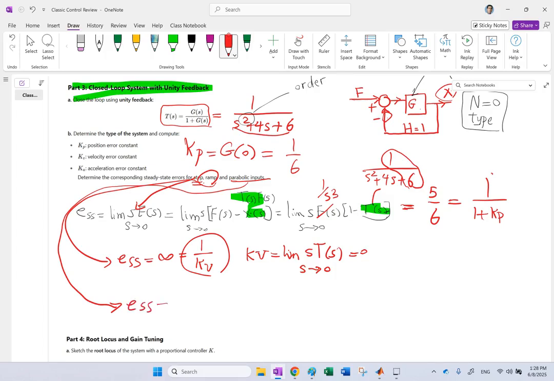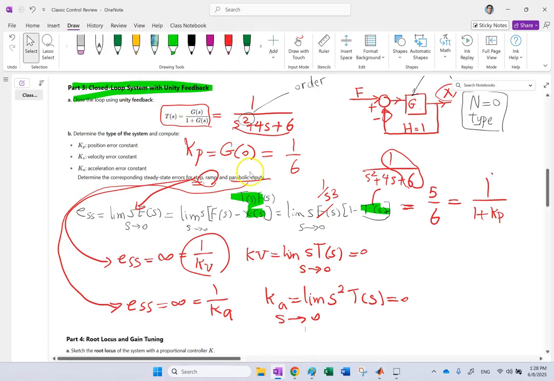Steady state error is going to be infinity again. It's going to be 1 over Ka, where Ka is the limit of s squared times T(s), and that is also 0. Okay, so the system will show infinite error to ramp input and parabolic input.